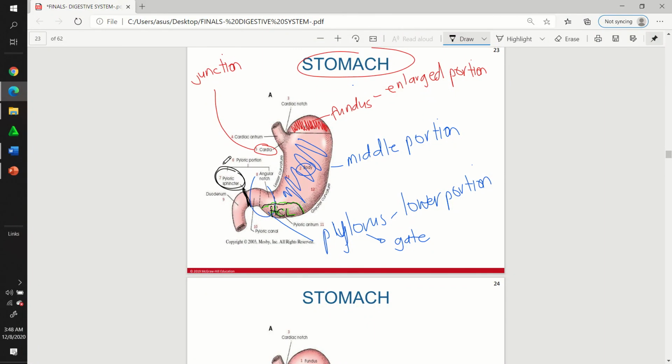Okay, what is the importance of those parts of the stomach? So there are four main regions: your cardia, your fundus, your body, and your pylorus. Take note, class.